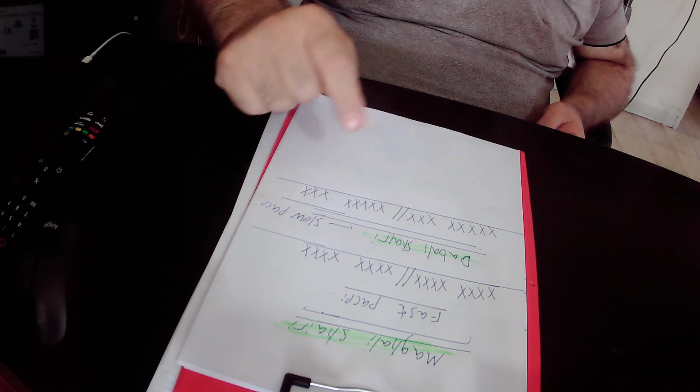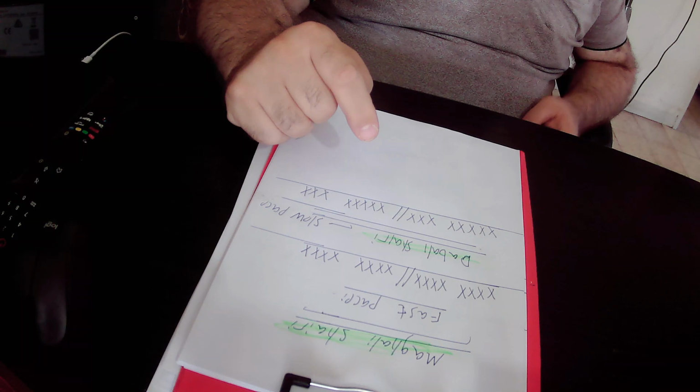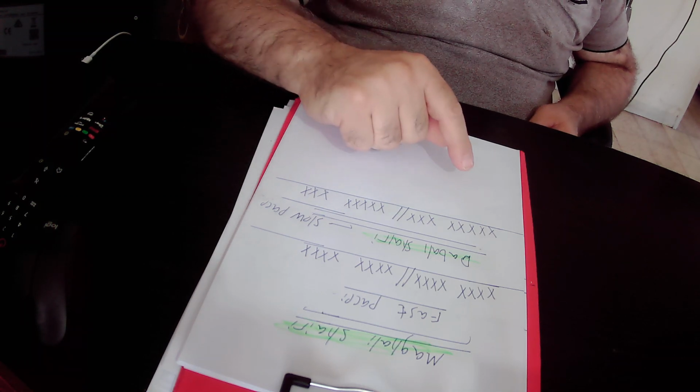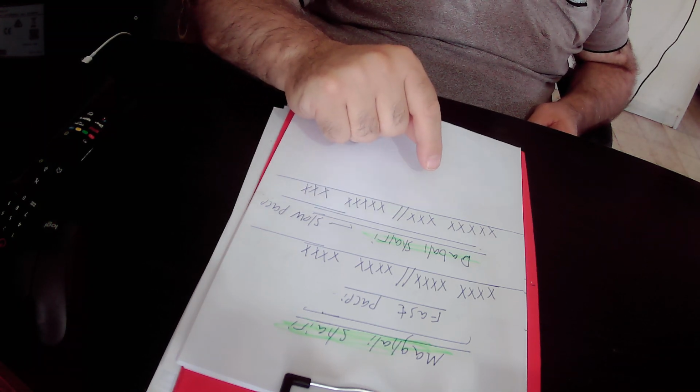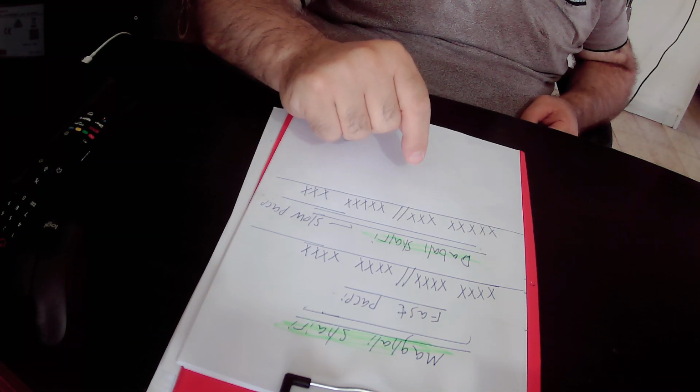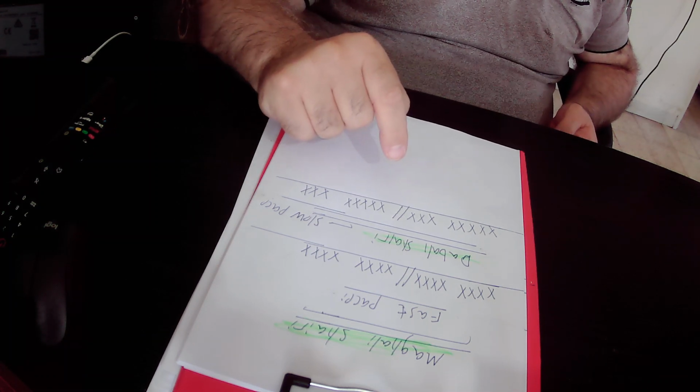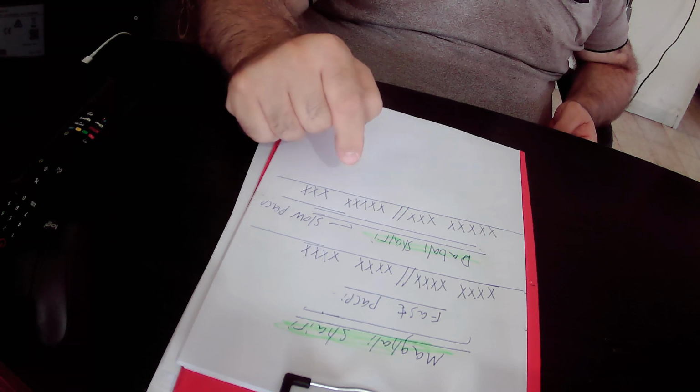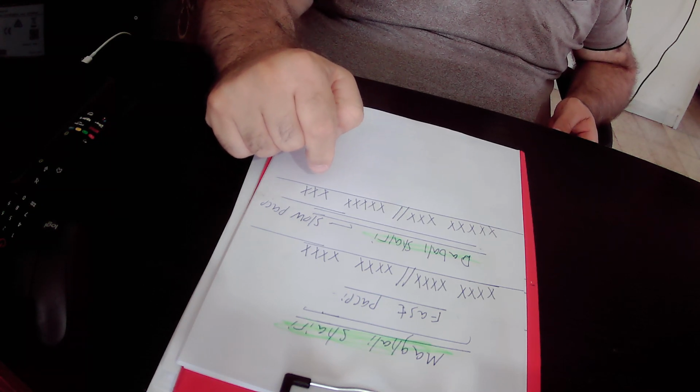But here the first segment consists of 5 syllables, the second segment consists of 3 syllables. We have also a comma after the second segment. The third segment consists of 5 syllables, and finally the fourth segment consists of 3 syllables.